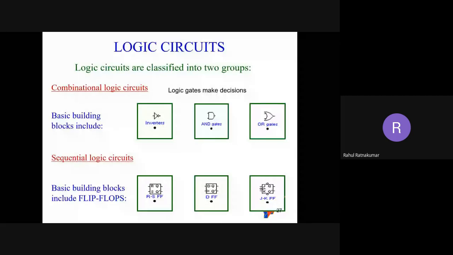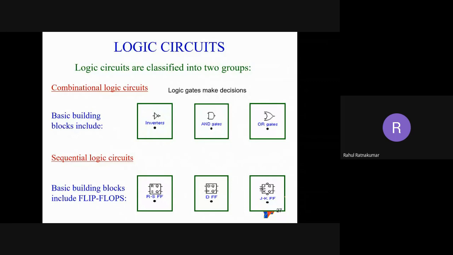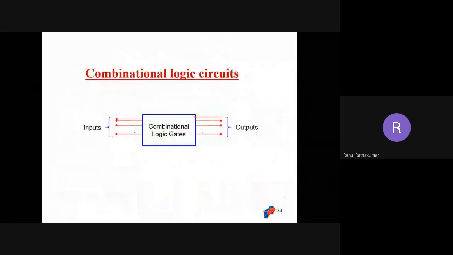And what about sequential? There is always some storage. Previous input or output is going to affect my present condition. Sequential logic has memory; combinational doesn't have any memory. Combinational logic acts on the gates inside, without a storage or previous dependency, giving me the output in real time, instantaneously.